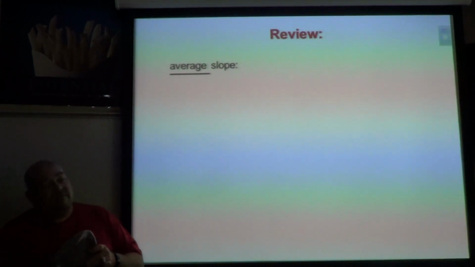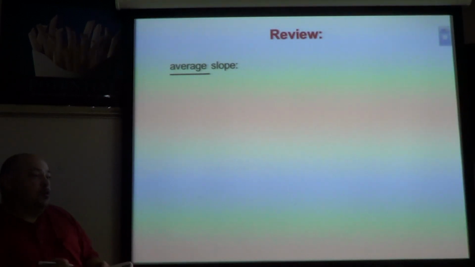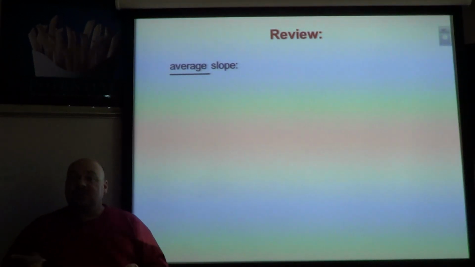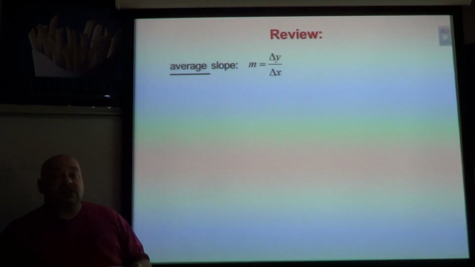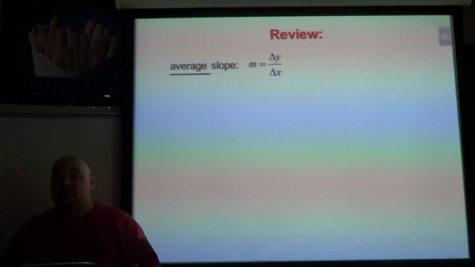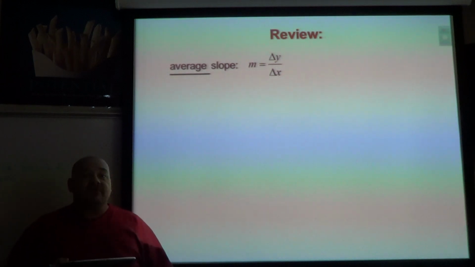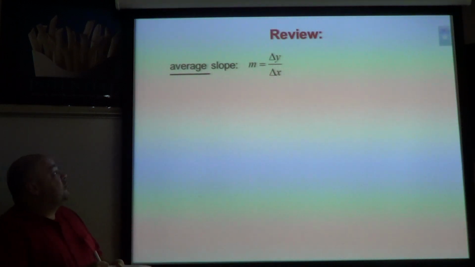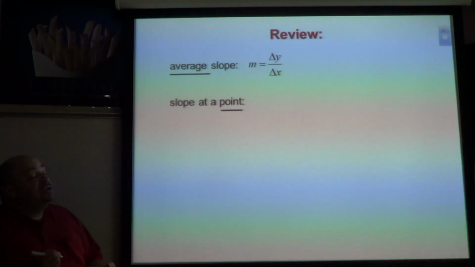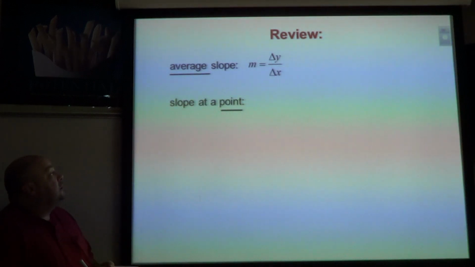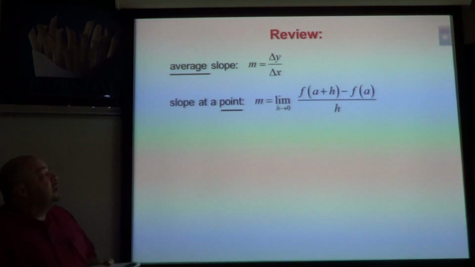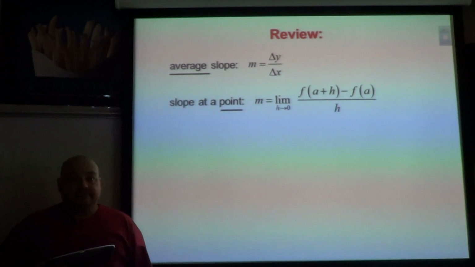All right, so a little bit of review. The average slope is nothing more than the slope of the secant line. In other words, the slope of any line that we've talked about: delta y over delta x, rise over run, etc. The slope at a point is that limit thing that we were just doing.